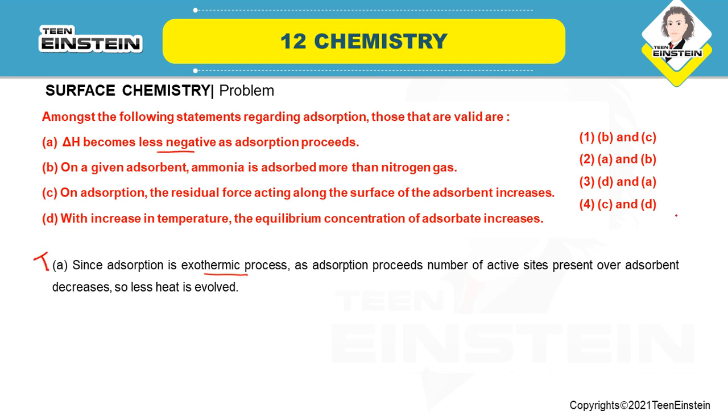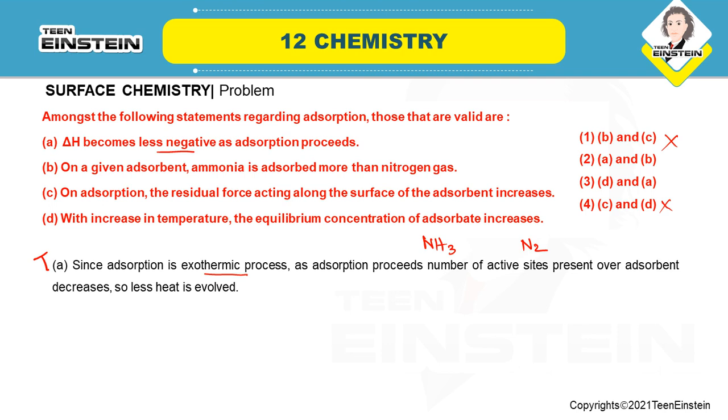Now as it is correct, obviously we can cancel out these two, because in these two we do not have statement A. The next statement: on a given adsorbent, ammonia is adsorbed more compared to nitrogen gas. First of all, it is already discussed that critical temperature has a relation with the liquefiability of the gas.